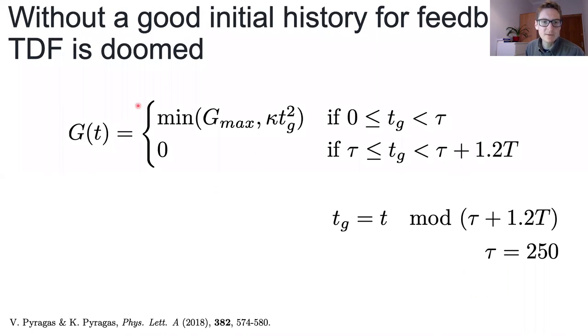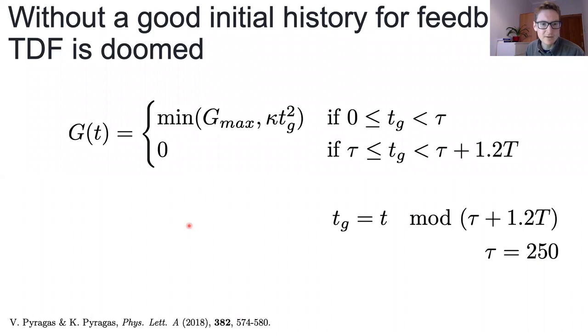What this boils down to is every 250 time units, turning off the time-delayed feedback to refresh the history and include some new uncontrolled dynamics in your history, and thereby make sure that the invasiveness of the control method is tempered, if you like, by some uncontrolled dynamics.